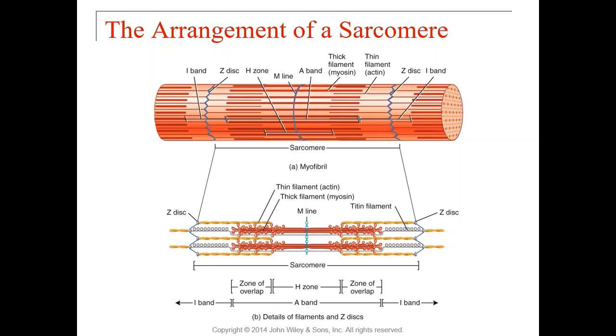It's called actin, and it's a type of thin filament. A filament is just a thread-like protein, and this one is extremely thin, so it's called a thin filament, and its specific name is actin. So actin attaches itself to the Z-disc and uses the Z-disc for structural support.